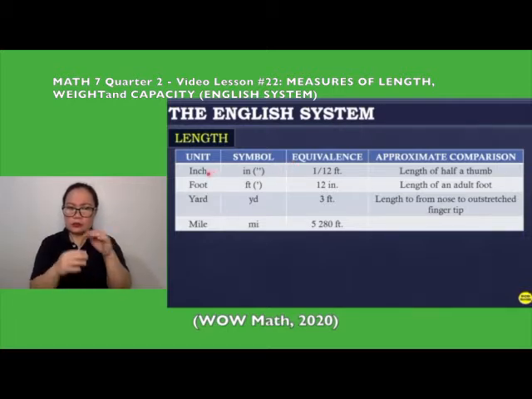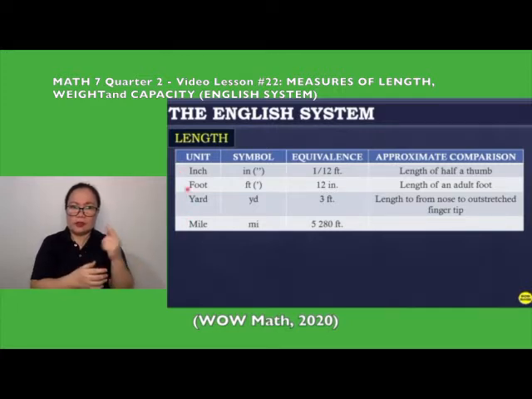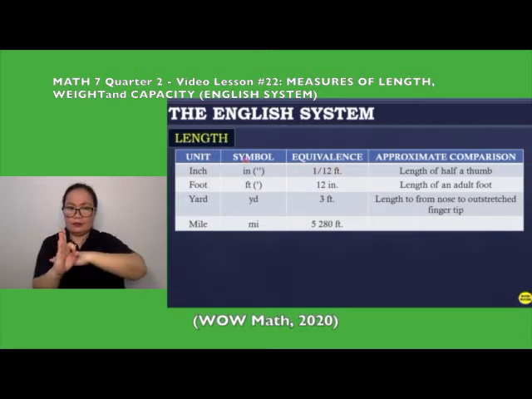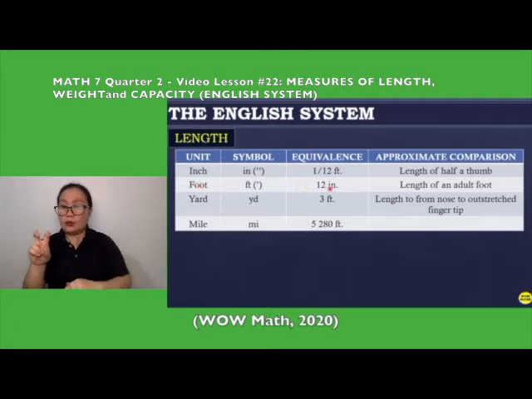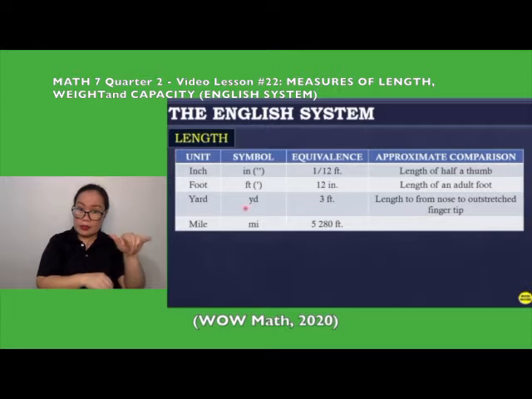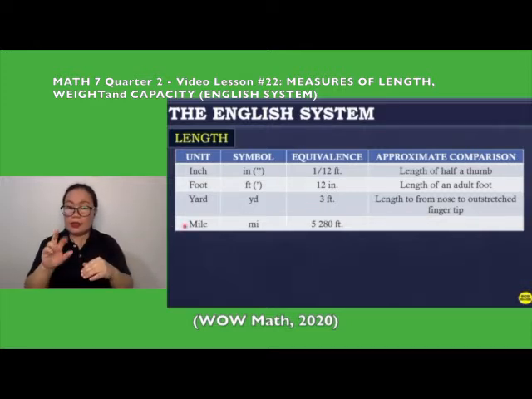Now, for 1 inch, lahat po ito ay 1. Okay? For every 1 inch, that is equivalent to 1/12 feet. For every 1 foot, that is equivalent to 12 inches. For every 1 yard, that is equivalent to 3 feet. For every 1 mile, that is equivalent to 5,280 feet.